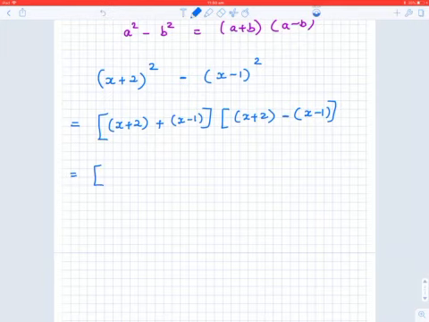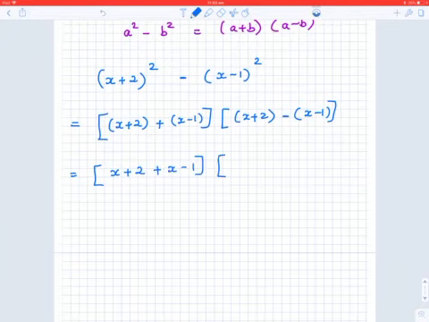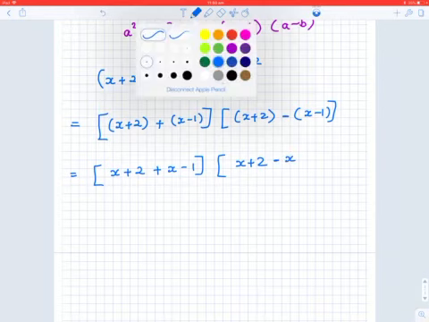We can't stop here. We really have to remove the brackets. If I remove the bracket in the first part, because I have a plus sign, it is just x plus 2 plus x minus 1. Whereas in the next part, x plus 2 is fine, but because I have a negative sign, the negative bracket makes x become minus x.